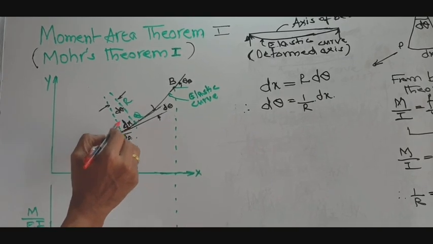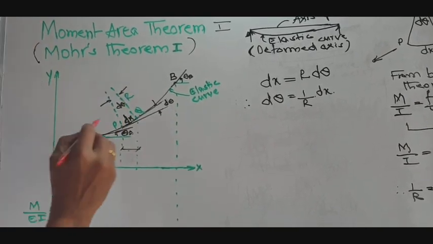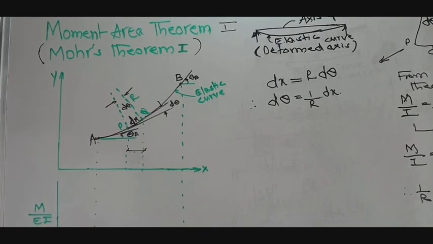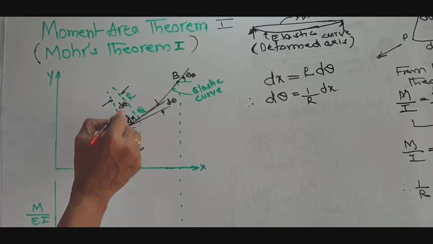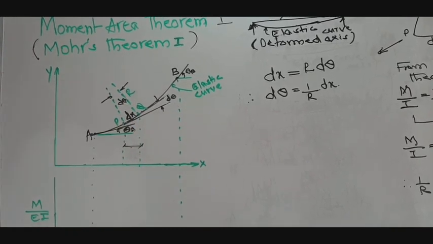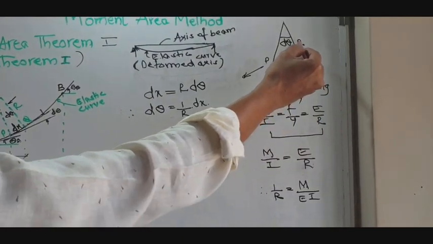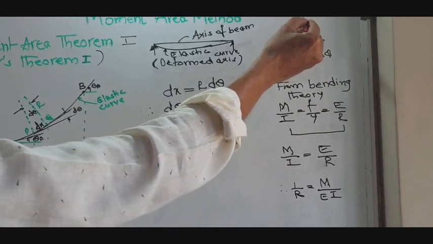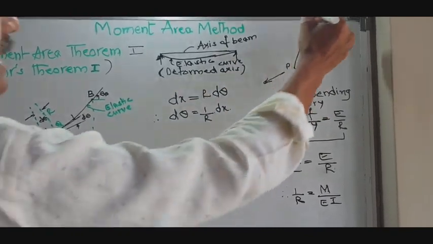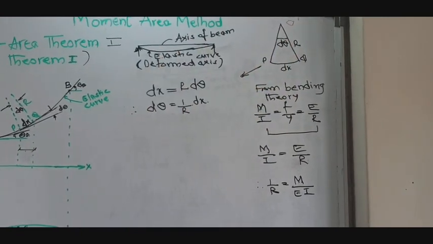Now if you extend this, the arcs will meet somewhere, say O dash. Let r be the radius of curvature. Let d theta be the angle subtended by this small arc at the center. This is the arc length ds, r is the radius, and the angle subtended by this arc at the center O dash is d theta.